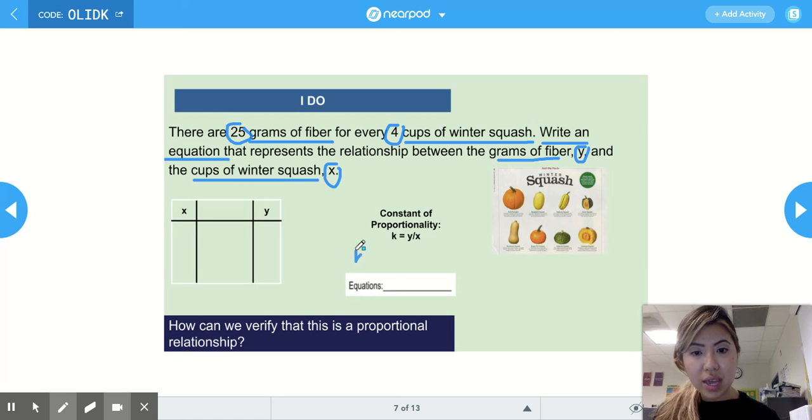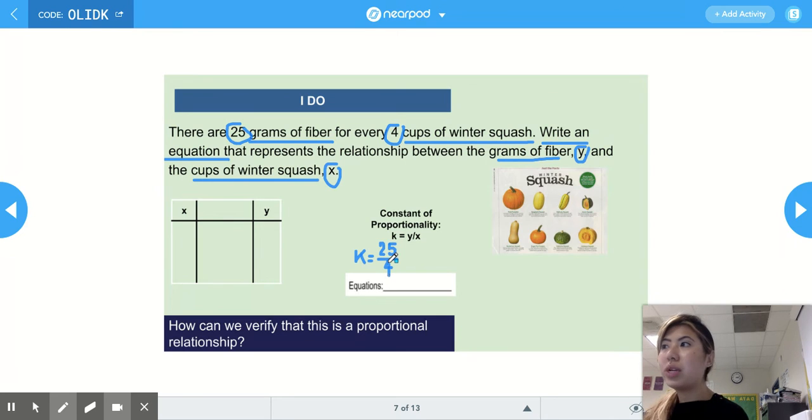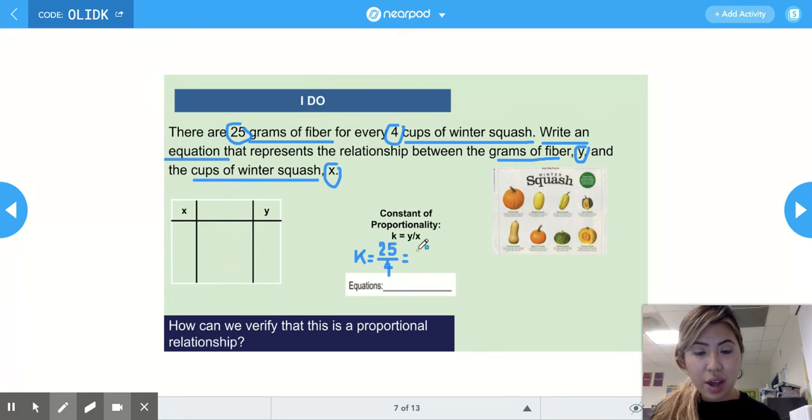So we have k is equal to, in this case, our y is the grams of fiber, which was 25, over our x, which was the cups of winter squash, which was 4. So if we divide 25 by 4, we get 6.25. So that means that there's 6.25 grams of fiber per cup of squash.